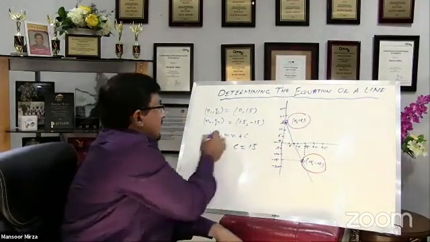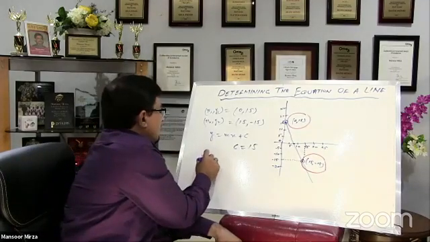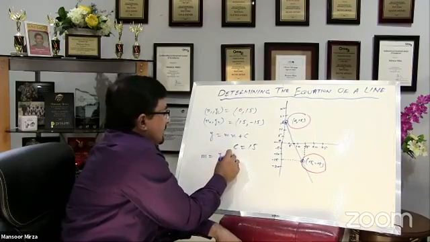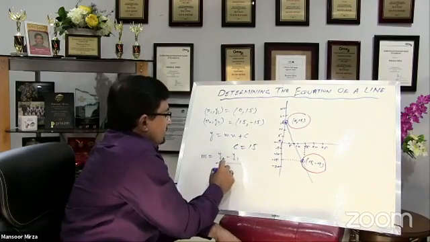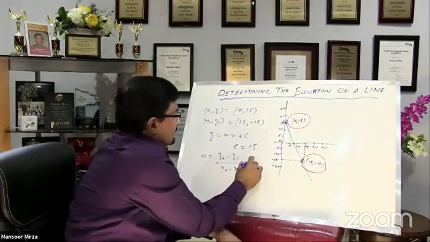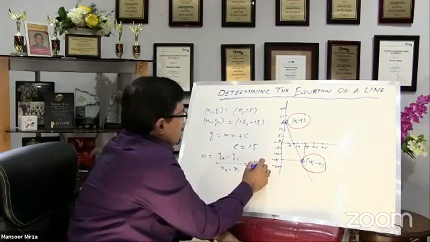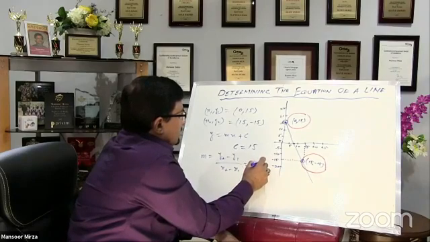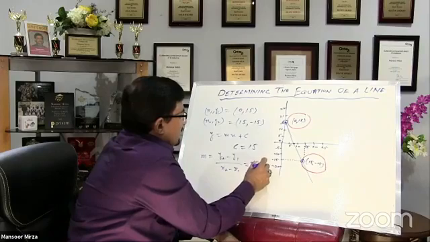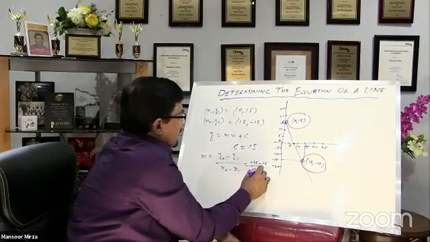So now how am I going to calculate m, or the slope? If I recall my formula, it was y2 minus y1 over x2 minus x1. So y2 is minus 15 and y1 is 15, so minus 15 minus 15, and then x2 is 15 minus 0.